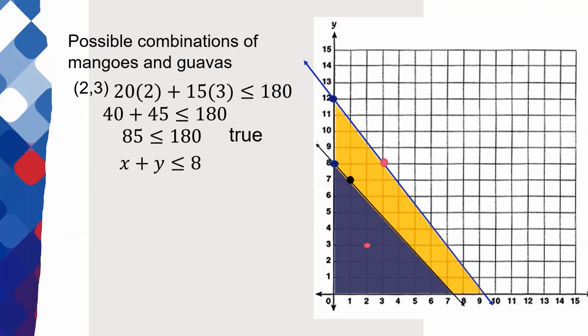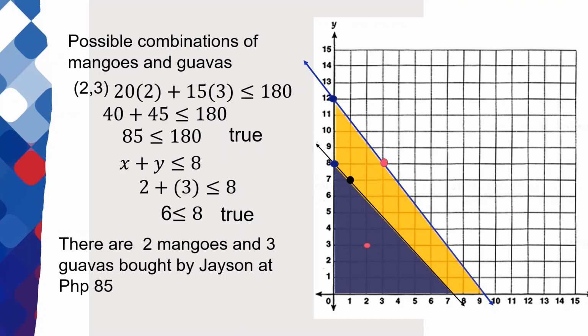Then we have x plus y is less than or equal to 8, and that will give you 5 is less than or equal to 8, which is also true. So we can now say that there are 2 mangoes and 3 guavas bought by Jason at 85 pesos.